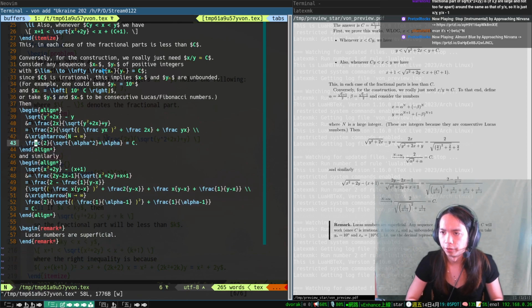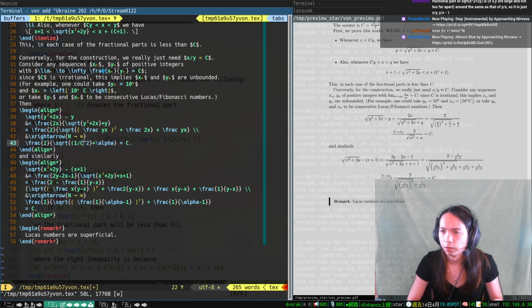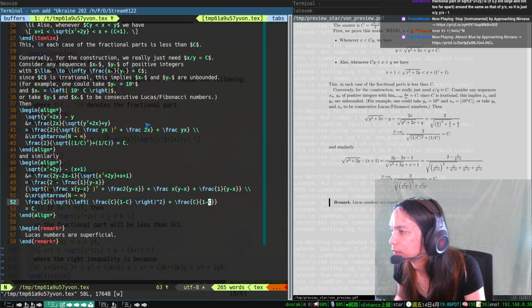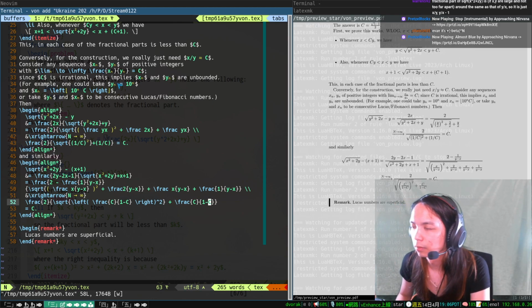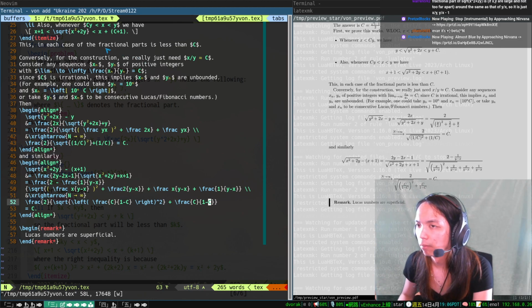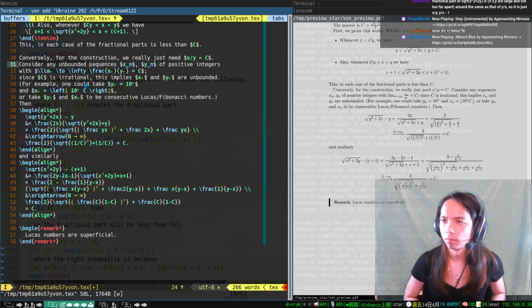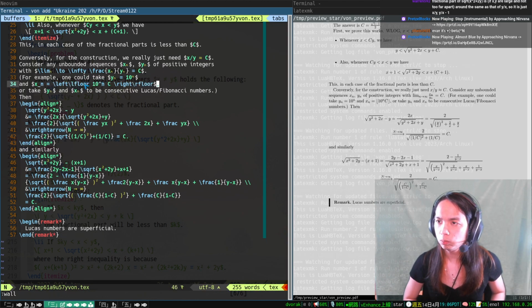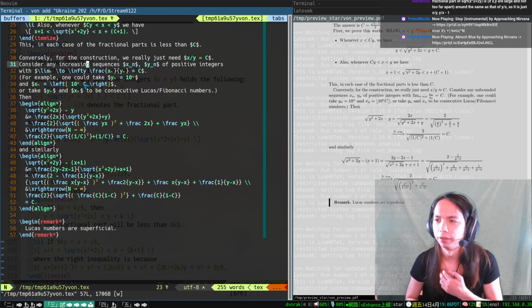Okay, and then instead of alpha here, I just write C, 1 over C. It's just increasing for simplicity.